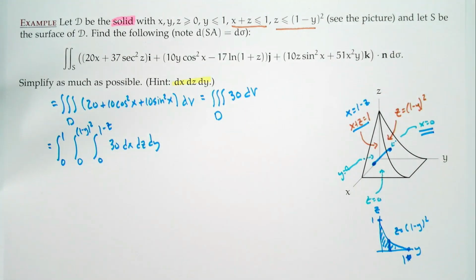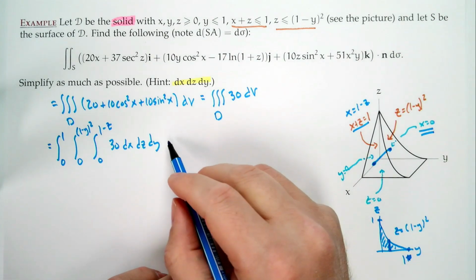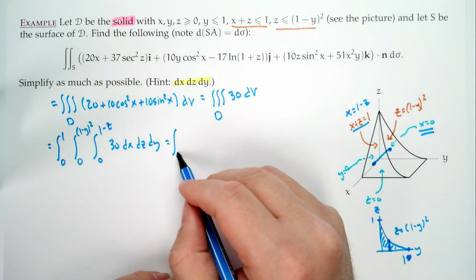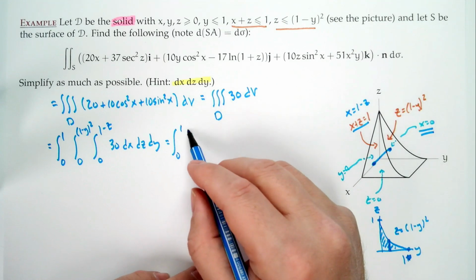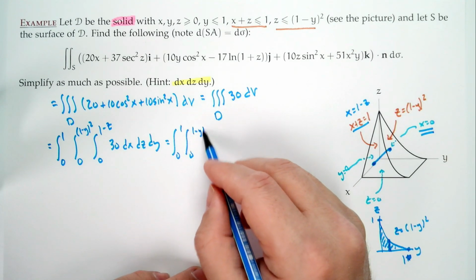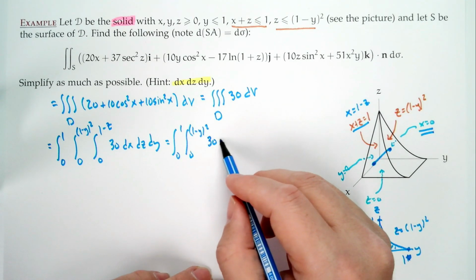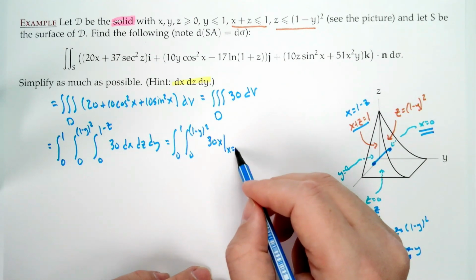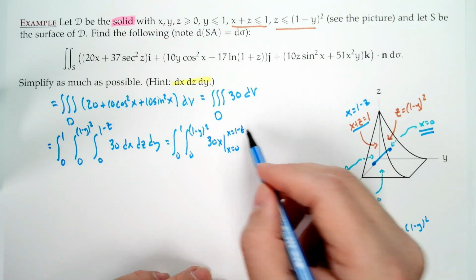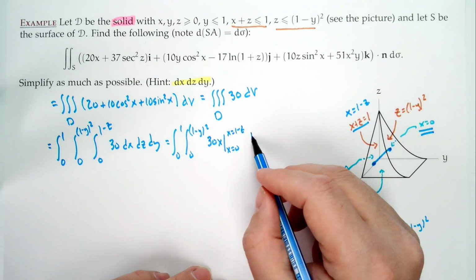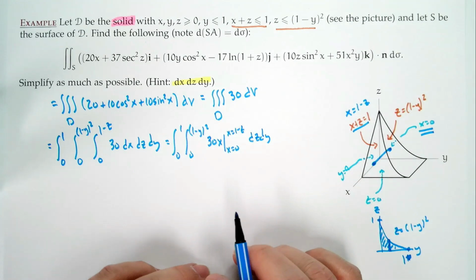All right, now we're ready to go. So we're just going to work our way through one layer at a time. Integral 0 to 1, integral 0 to 1 minus y squared of 30x, evaluate x equals 0 to x equals 1 minus z, and then we have dz dy.